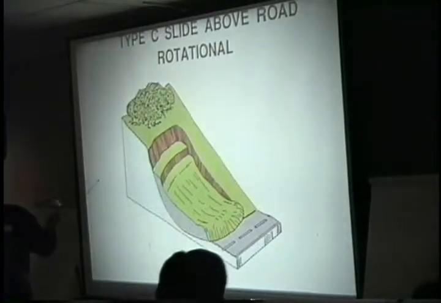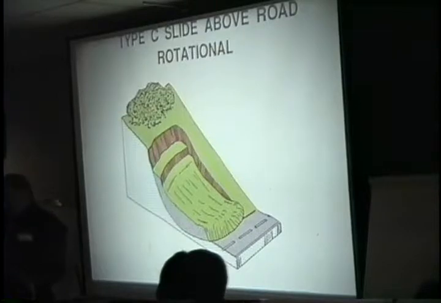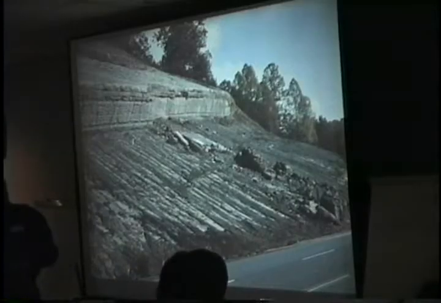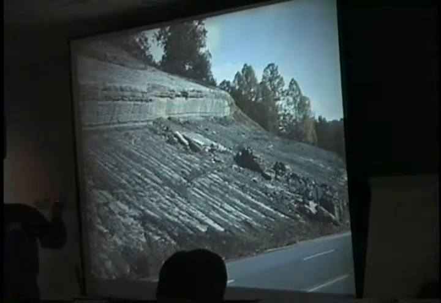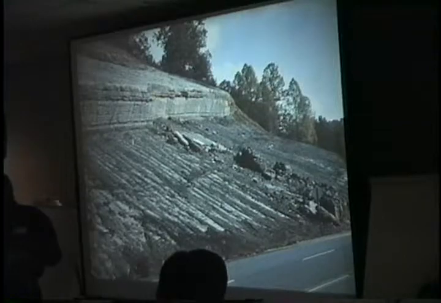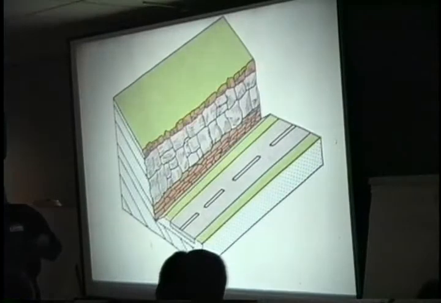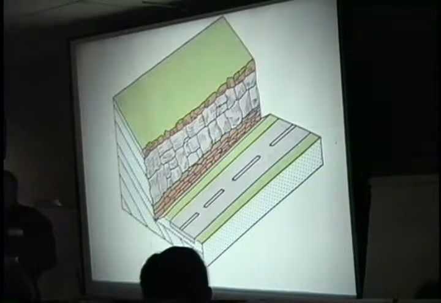So we're going to talk about a lot of slope failures. Again, identify the failure, show you why it's so important to identify the different kinds of failures that we have in soils. And then we're also going to talk about rock. We're going to show you different kinds of rock failures, and again, identify the different rock failures that occur.